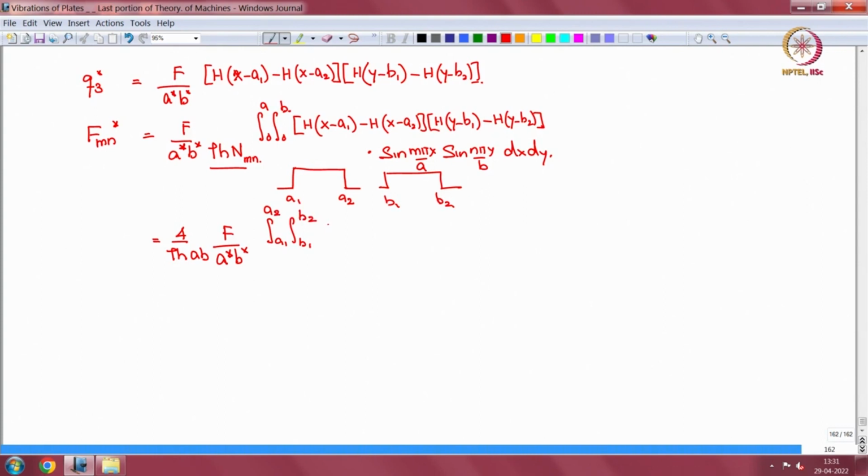Then the Heaviside is taken care of. Sine m pi x by a, sine n pi y by b, dx dy.